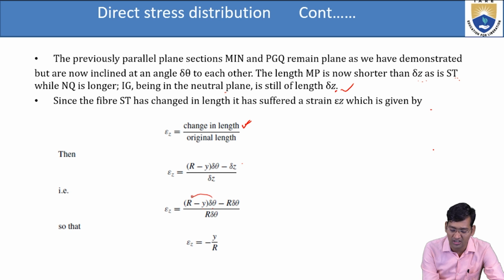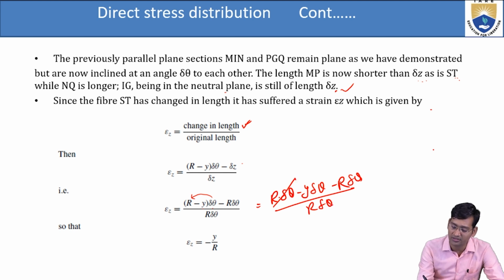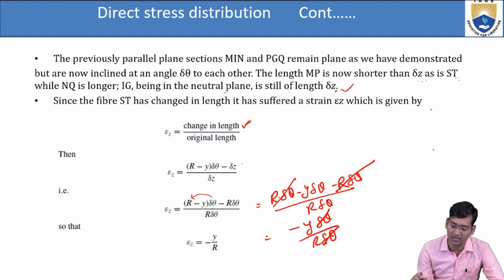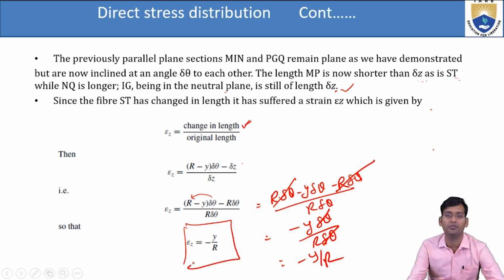We get R delta theta minus y delta theta minus R delta theta, by R delta theta. The R delta theta cancels. What is left is minus y delta theta by R delta theta. Now delta theta cancels, and what is left is minus y by R. So epsilon z equals minus y by R.